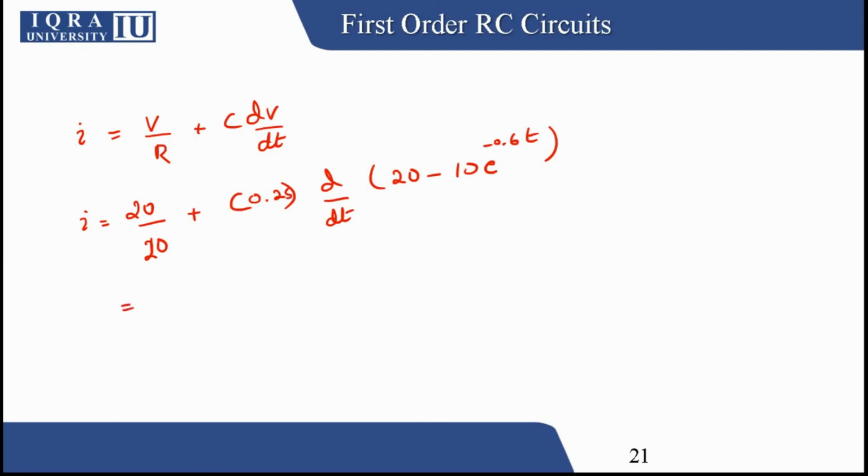So we can say 1 plus, if we take the derivative, we have 0.25, then the power comes out, minus 0.6, minus 10 remains the same, e power minus 0.6t is the same.